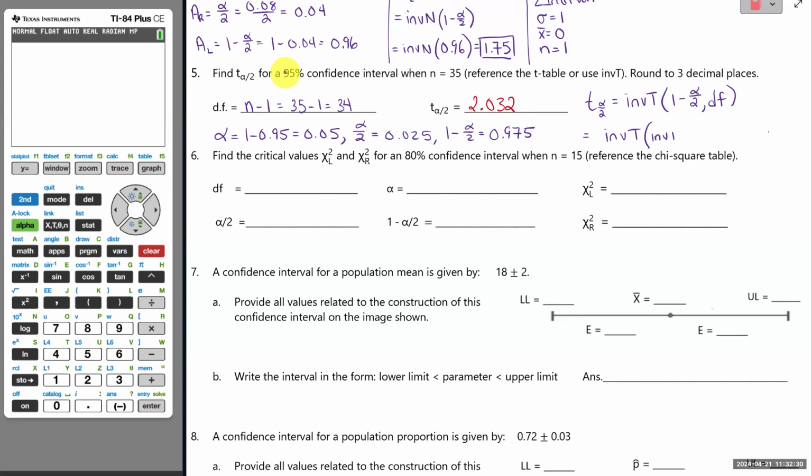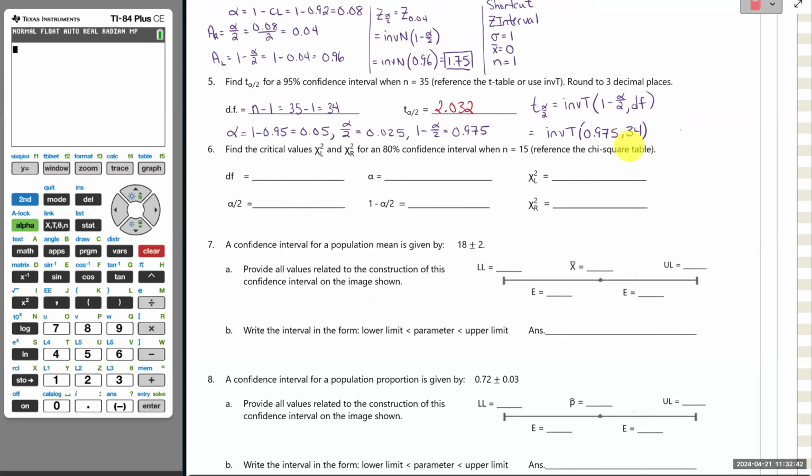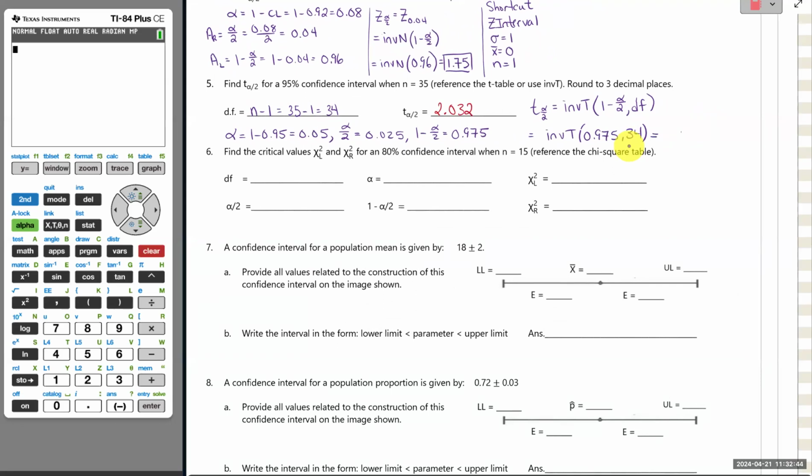So we're going to inverse t for t distribution, 0.975, comma 34. So we'll just verify here that I did that correctly. It's to see if we still get 2.032. So back to your distributions.